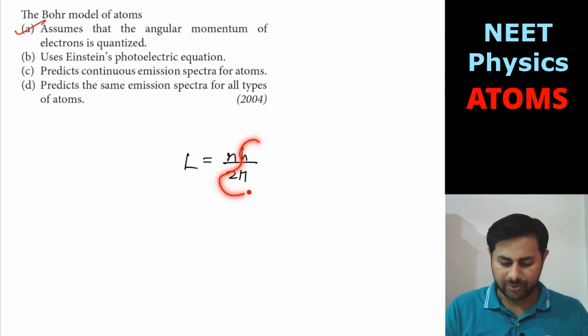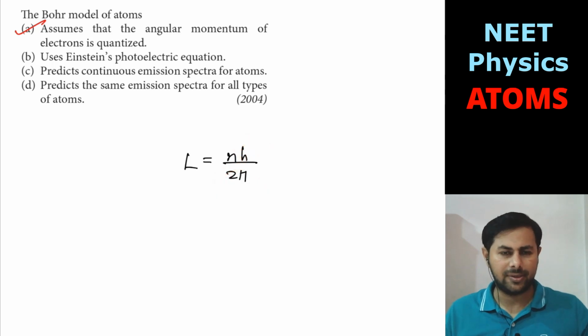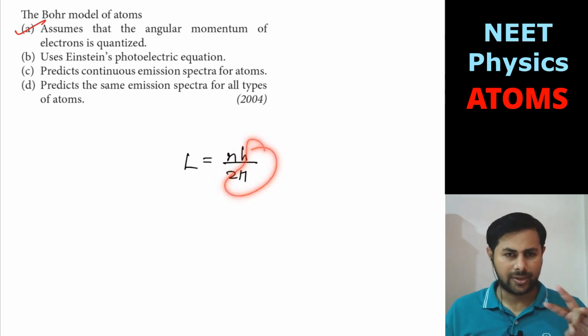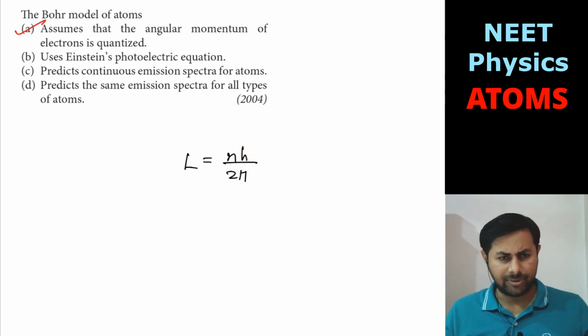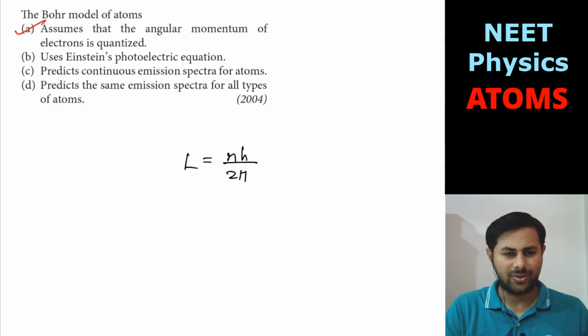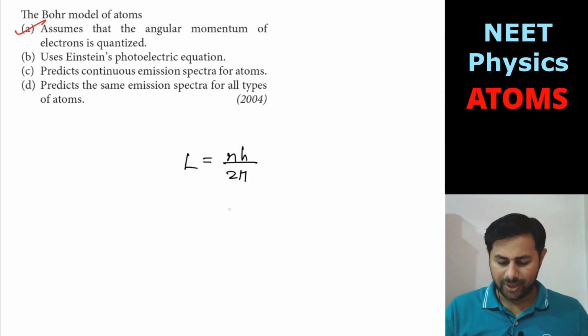It comes in a fixed quantity, meaning it is quantized. Either it is 1 times that factor, or 2 times, or 3 times, and so on and so forth.